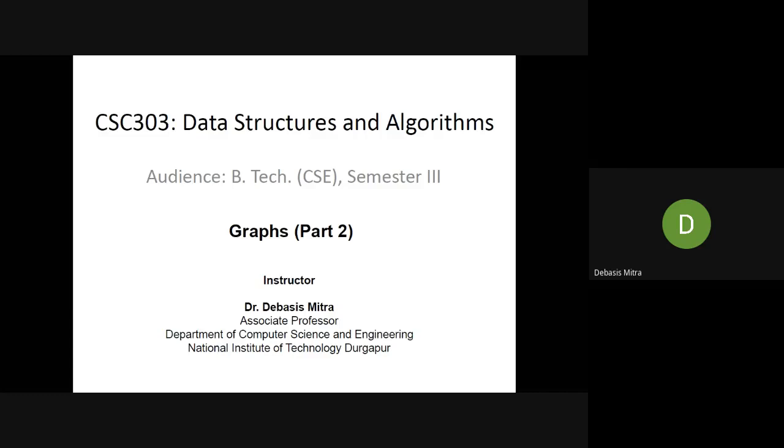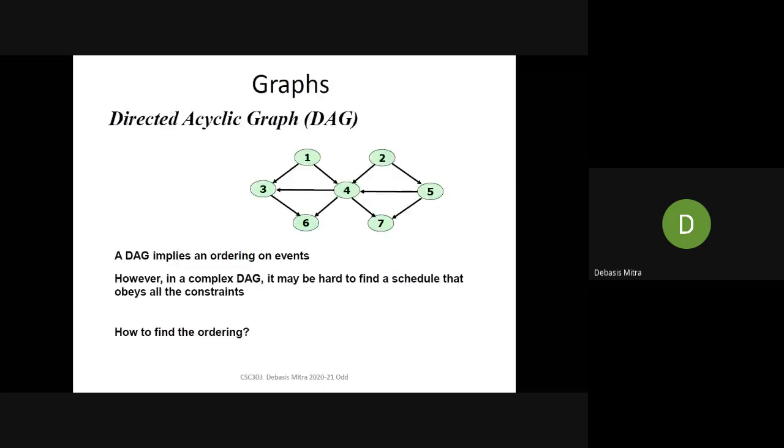And this topological sort is basically defined on directed acyclic graph. So as you have already seen, a directed acyclic graph means a directed graph which contains no cycle. There should not be any cycle. It will be a directed graph having no cycle.